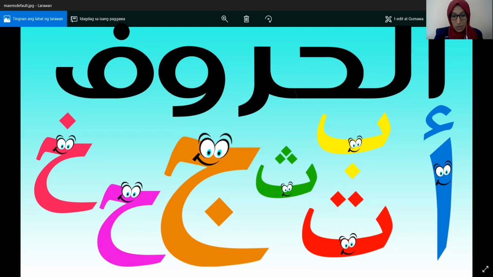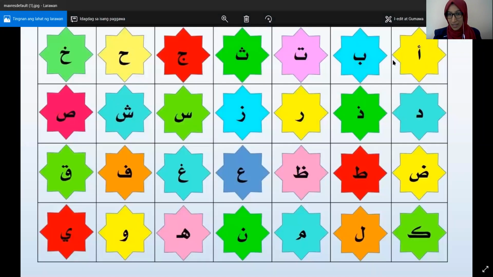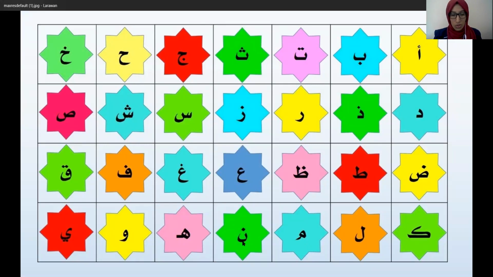All the letters of the Arabic language look like this. So I will have Alif, Ba, Ta, Tha, Jim, Ha, Kha, Dal, Dhal, Ra, Zay, Sin, Shin, Sad, Dad, Ta, Dha, Ain, Ghain, Fa, Qaf, Kaf, Lam, Mim, Nun, Ha, Waw and Ya.